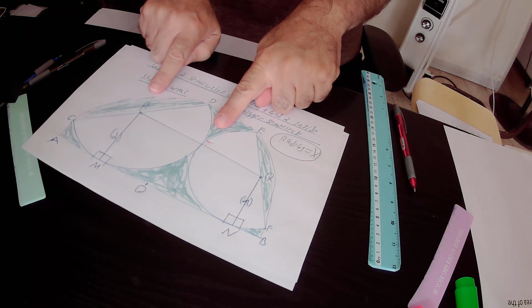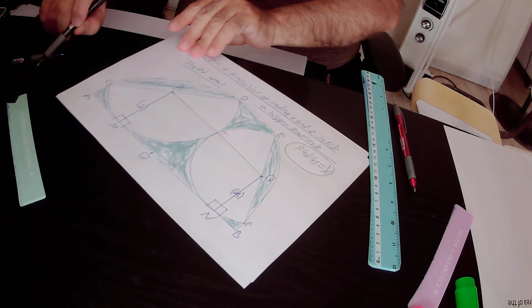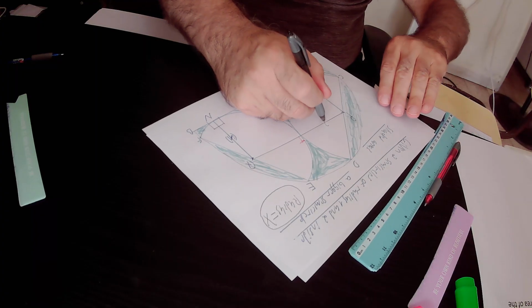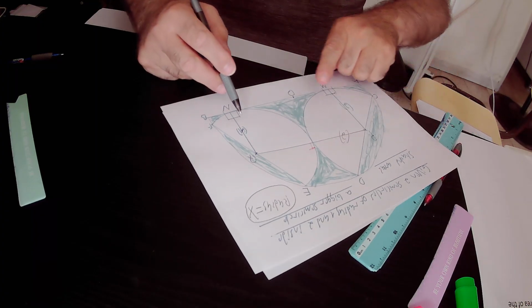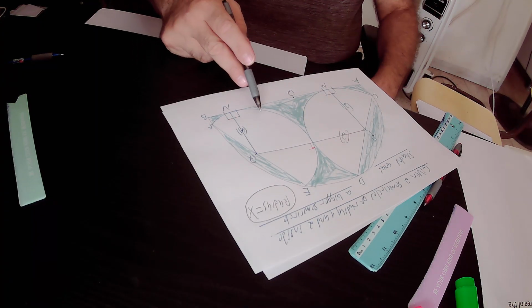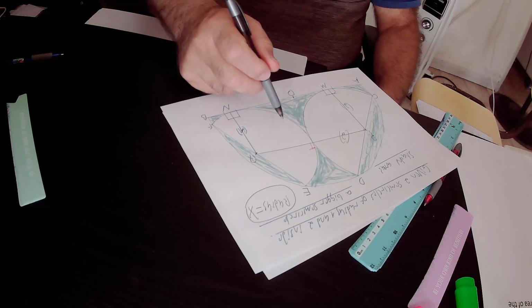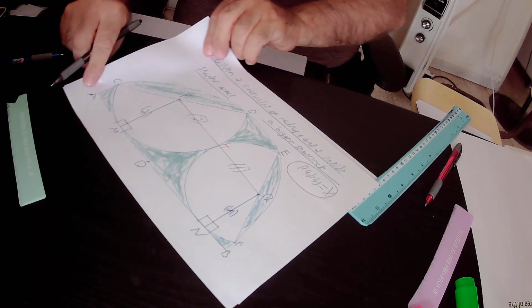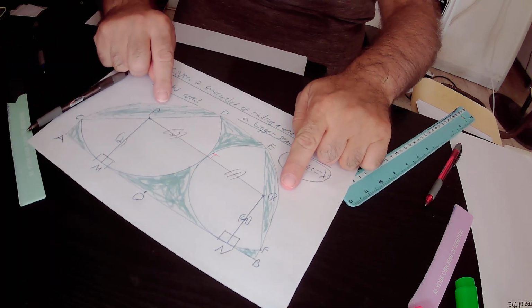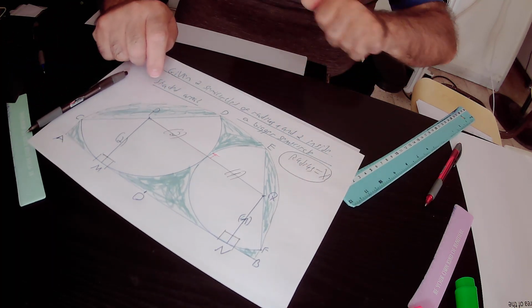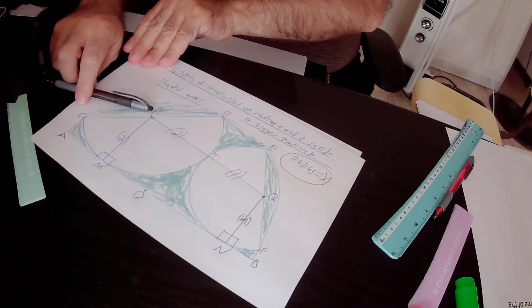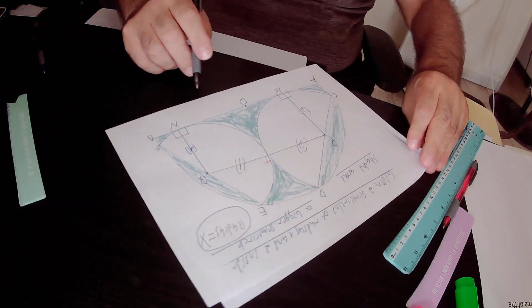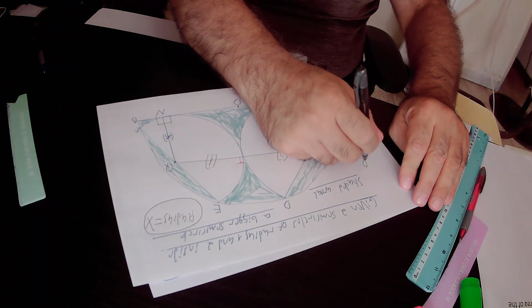PT is the radius of this semicircle, that is 2, plus TQ. TQ is the radius of this small semicircle, equals 1. So in total, PQ equals 2 plus 1, that is 3. PQ equals 3 units in its length, according to rule 10.